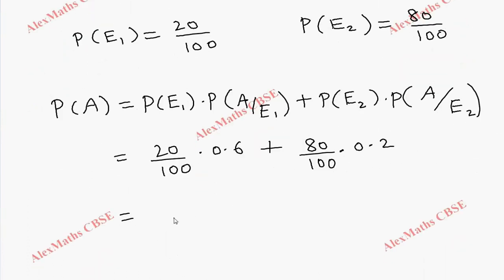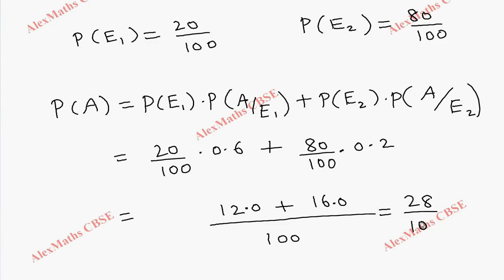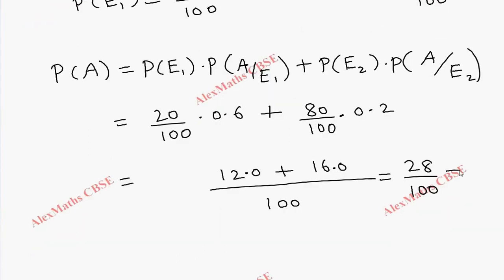Now we can take a common denominator 100. 20 into 0.6, 6 2s are 12, and we have to put one 0, and we have to move one decimal, so it is only 12. 8 2s are 16, and since it is 80, we have to put one 0, and we have to move one decimal. So totally it is 12 plus 16, 28 by 100. By cancelling with the 4 table, this becomes 7 by 25.